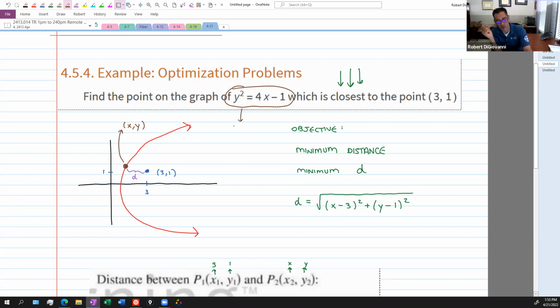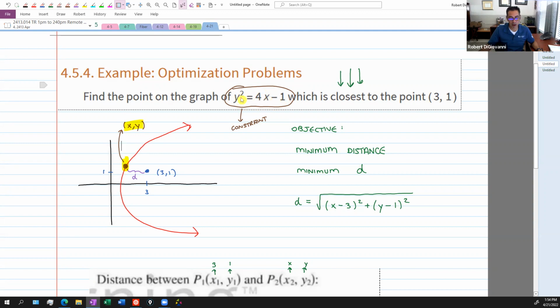See, this point that we picked here in yellow, this point (x, y), can't just be any point it wants to be, right? It has to be on the curve. And if it's on the curve, then it must satisfy this equation. And since we have this equation that connects both x and y together, I can solve it for y or for x. What would you like?